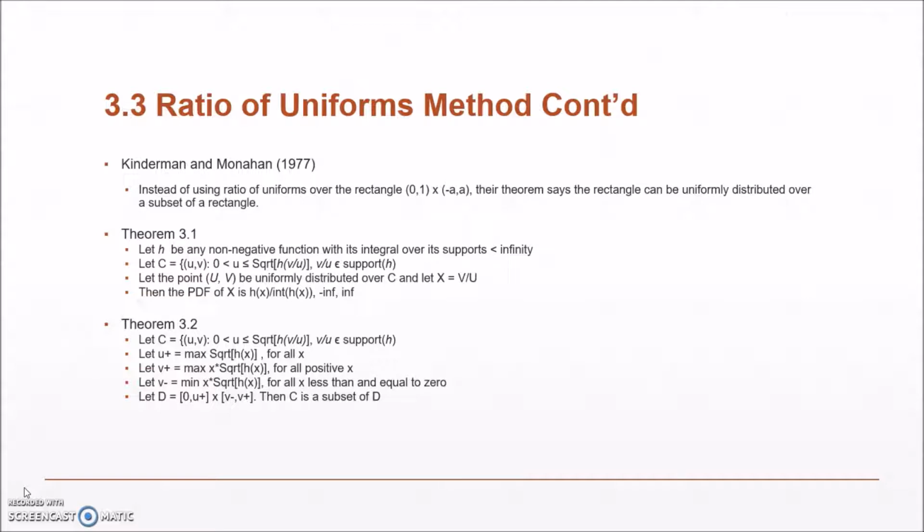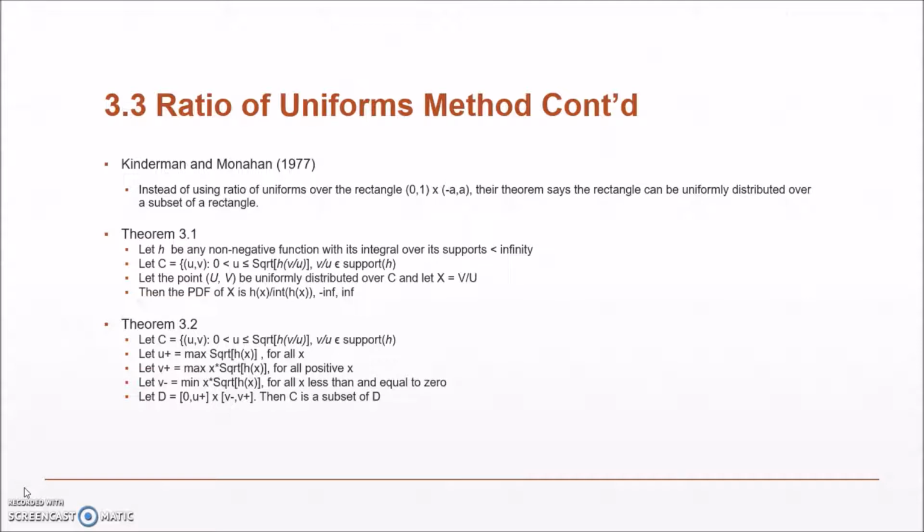Now for theorem 3.2, we have to let a few things happen. We let c equal the same thing we had in theorem 3.1, and we let u plus equal the max of the square root of h of x for all x. Let v plus equal the max of x times the square root of h of x for all positive x.